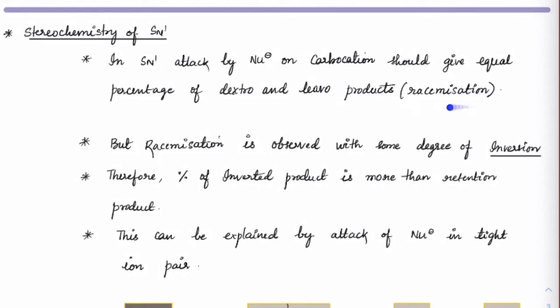You know what racemization is, correct? Racemization happens when you have an equal percentage of dextro and levo product. On the polarimeter, if one solution is giving a reading of plus x degrees and the other solution is giving minus x degrees, and both of them are present in the same solution, the overall reading would be 0, or overall it would show optically inactive.